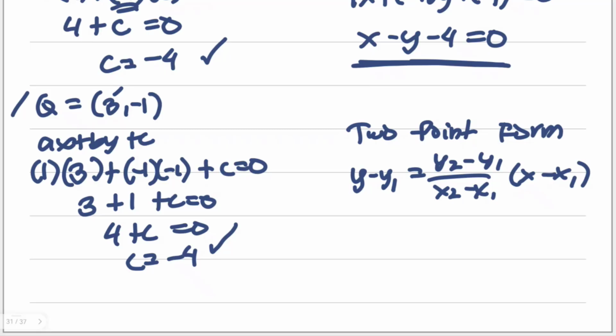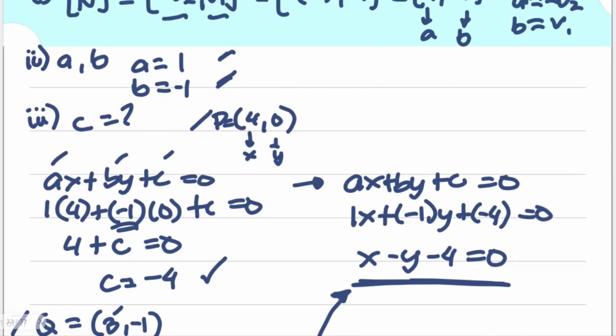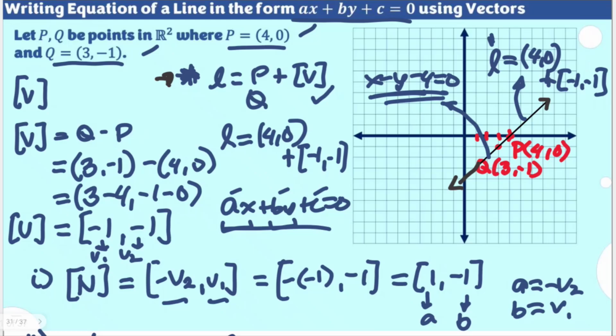But if you're not restricted, then you can just simply use the 2-point form to determine that the equation of the line will still be x minus y minus 4 equal to 0. We are presenting here the possibility of the 2-point form because our given was with 2 points. But what if the given is already the vector itself? So basically, you're going to follow the same process as this one here.